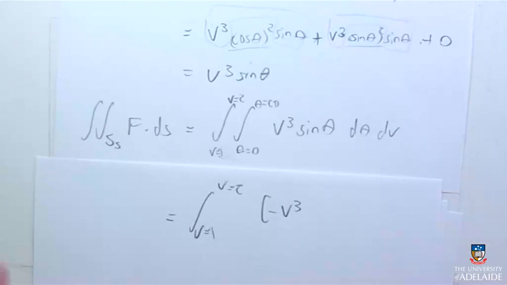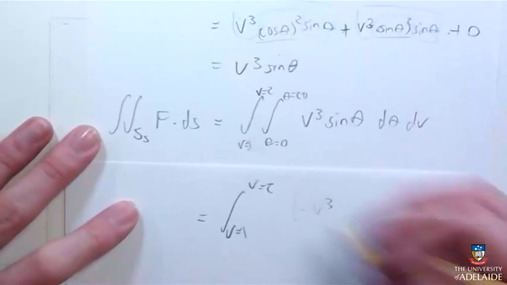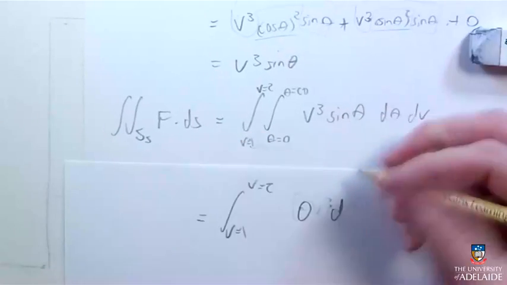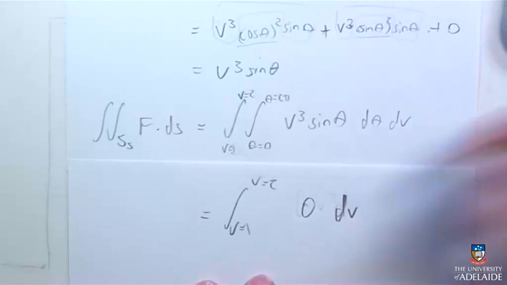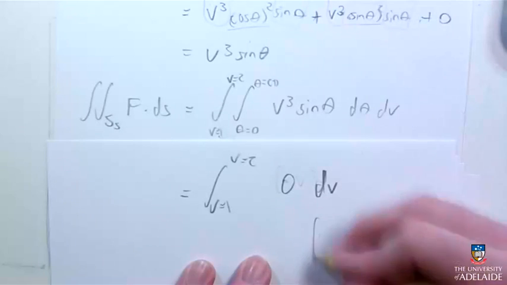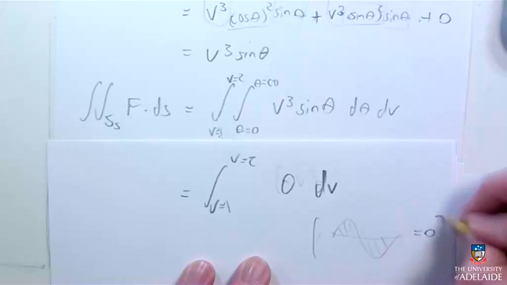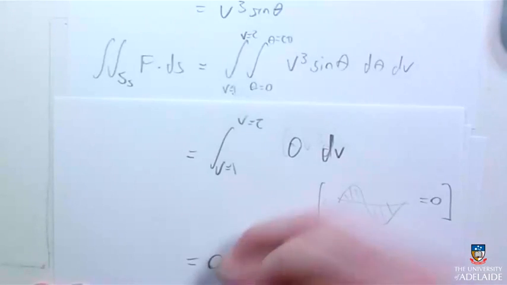We could draw a little diagram if we like. That's not going away. 0 dv, and we can draw a little diagram in just a second. Okay, which is 0.